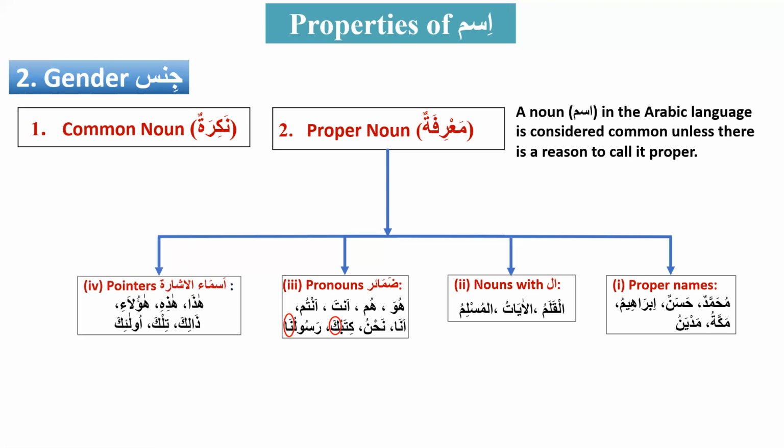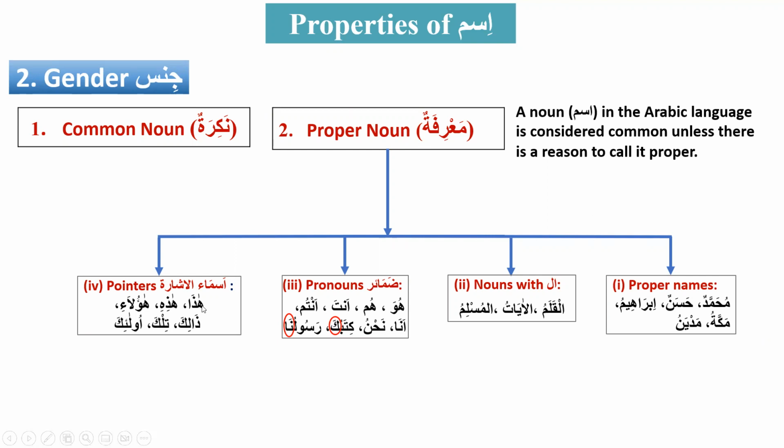And the last category we are going to learn is asma'ul ishara, or the pointers. The words which are used to point to something, indicate something. And these words are written here. Haza means this. Hazihi also means this, but it is used for feminine. And haulai means these. It is used both for masculine and feminine.